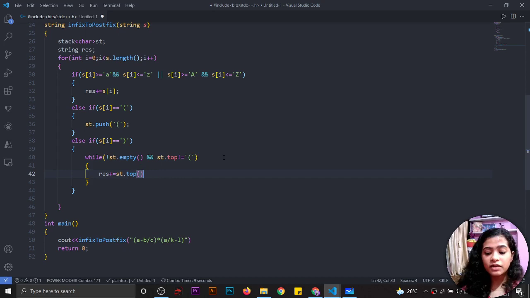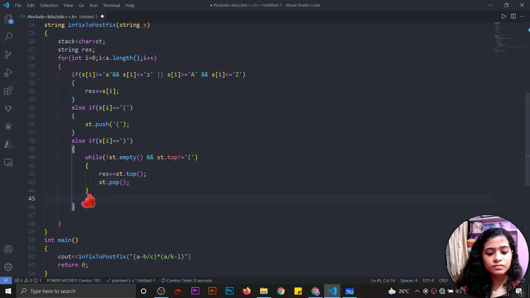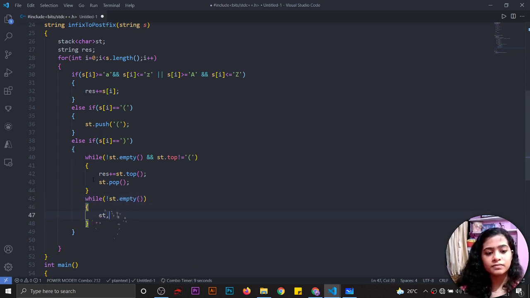The top element will be popped out. We will go to the top element and then add it into the result. Then we will pop out the element till it is empty. St dot pop.